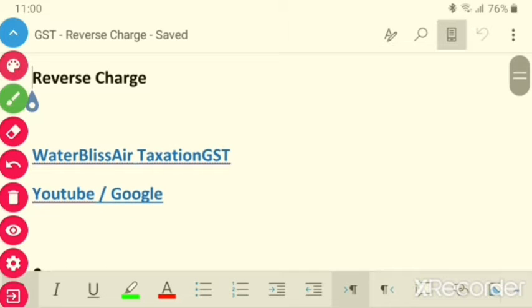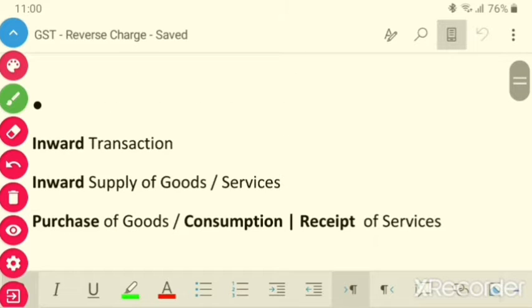Now, what is this reverse charge? When will it arise?